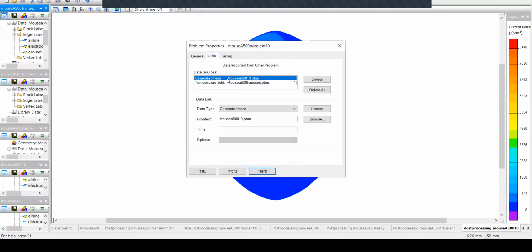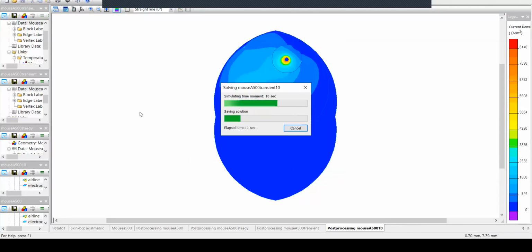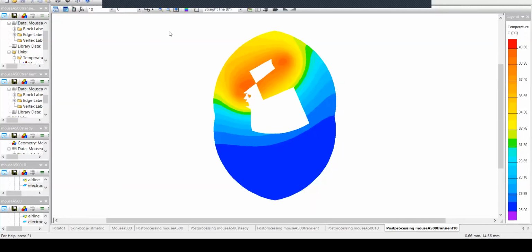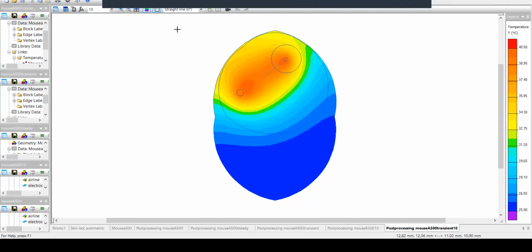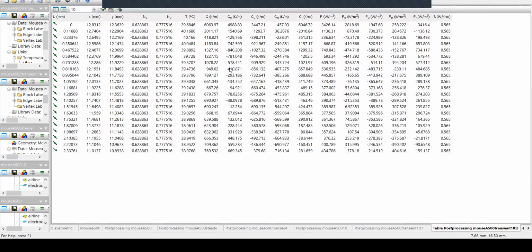We link the DC conduction problem and the former transient heat transfer problem, starting from 10 seconds after the pulse end. Let's solve. So the total pulsing time is 20 seconds. We can draw the exact same line in the exact same location. This is how we can extend our results for 20 seconds.